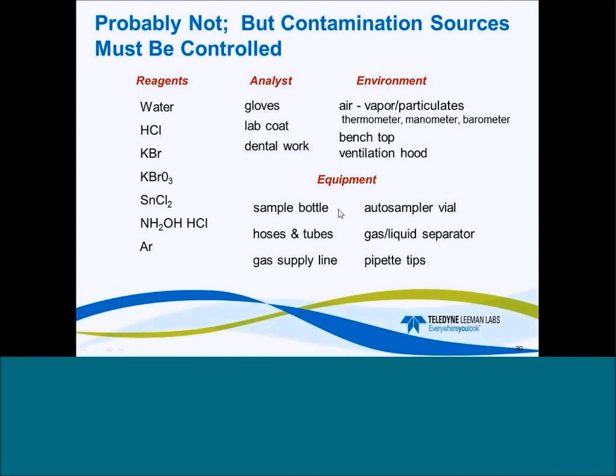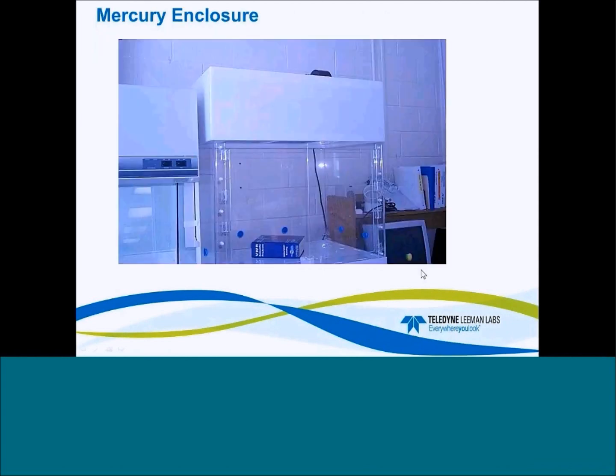They can come from hoses and tubes that are used to transfer your sample, gas supply lines. Certainly, we've seen older regulators that may introduce some mercury into the gas stream. The vials that are used on the sampler itself, and of course, the gas liquid separator. If there's been a high sample that's run through there in the past, it can be a problem. Pipette tips. Again, transferring equipment can be a source of contamination.